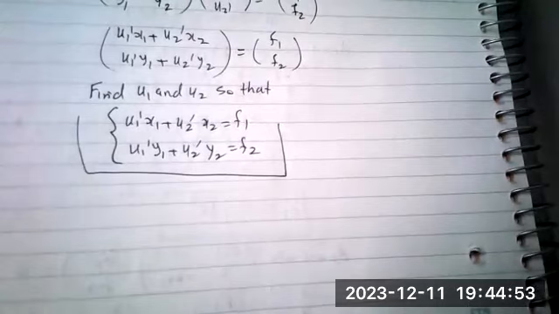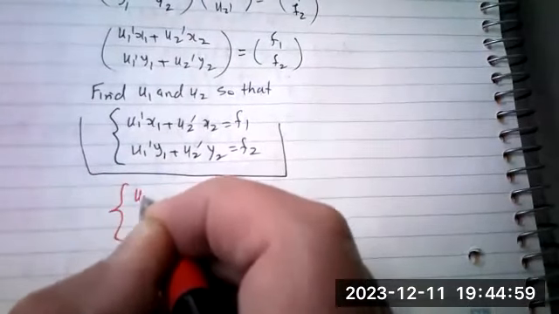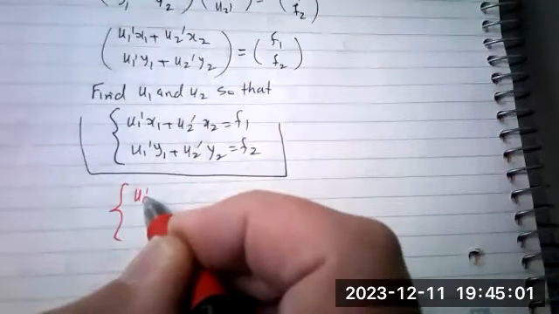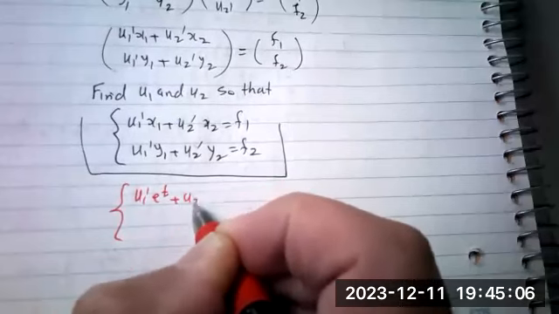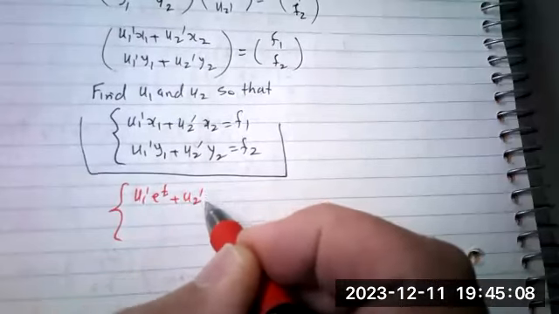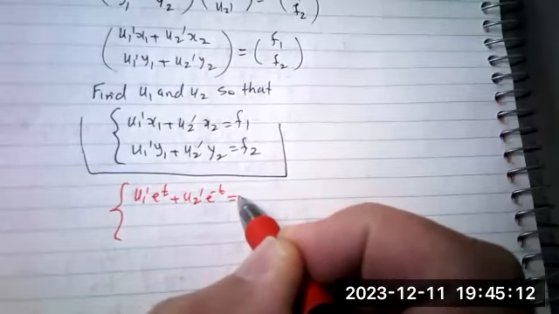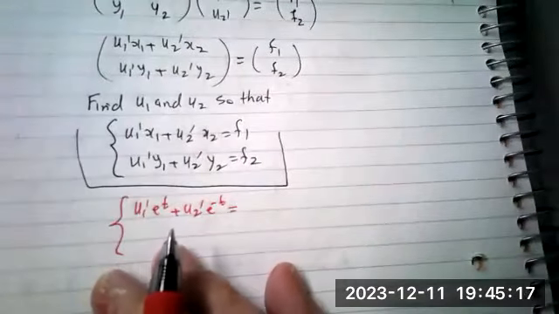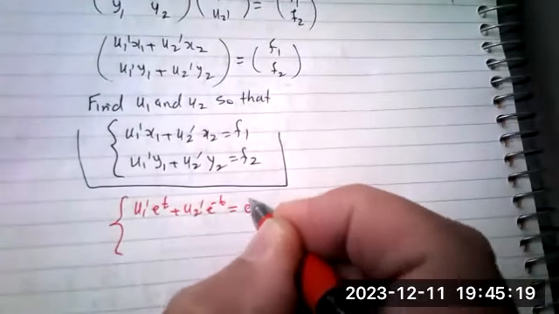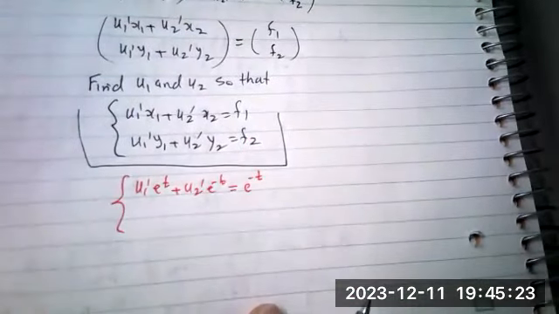So what I have to do is substitute the x1, x2, y1, y2. If you substitute, that's going to be the result: u1 prime times x1, which is e to the t, plus u2 prime times x2, which is e to the negative t, equal to f1. What was the f of t? It is e to the negative t, and f1 is just the first part of that extra term that you have.